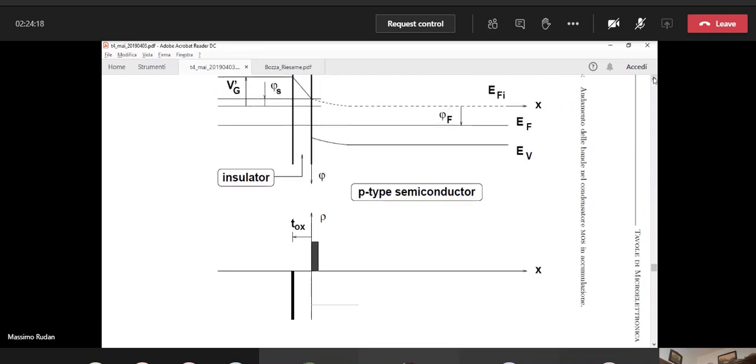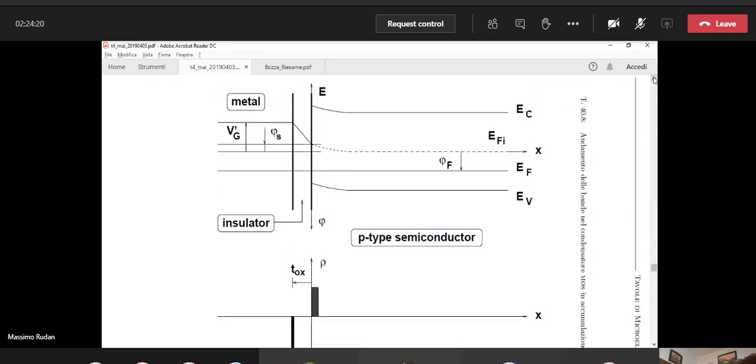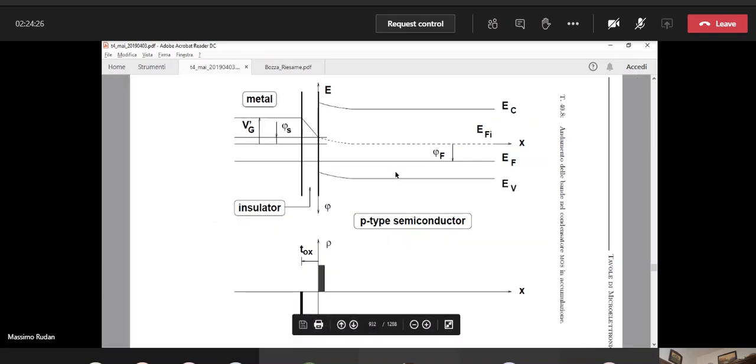We have a few figures that illustrate some of the regions that we discussed before. You remember, for instance, we mentioned accumulation. Accumulation occurs for a p-type substrate of the capacitor when phi s or us are negative.